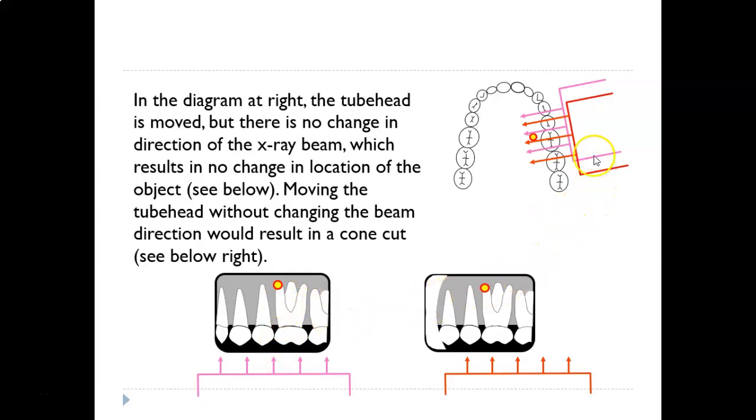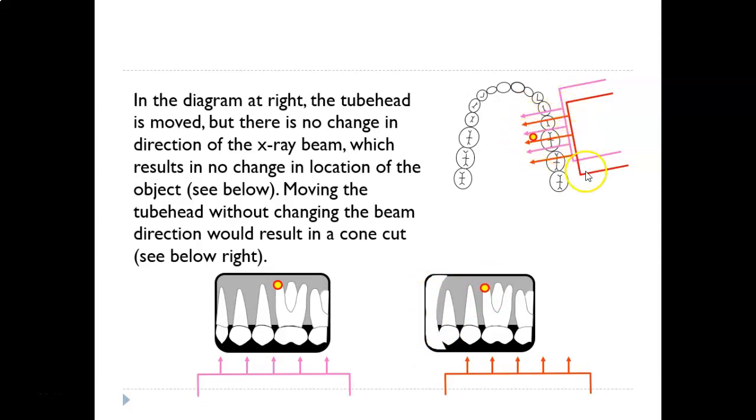So then the operator takes their BID, and they don't change the horizontal angulation. They just simply move the BID more posterior. So when they do that, the next film comes out, and well, look, nothing has happened. The little red object is still hovering over the distal root, but now we've cone cut, or we have a beam centering error, because they didn't change the sensor, and they didn't change anything with the angulation.